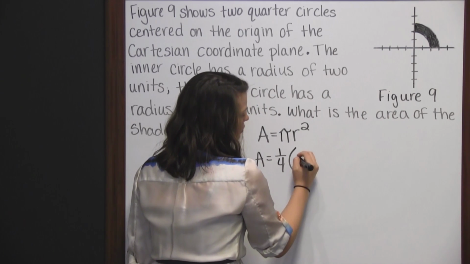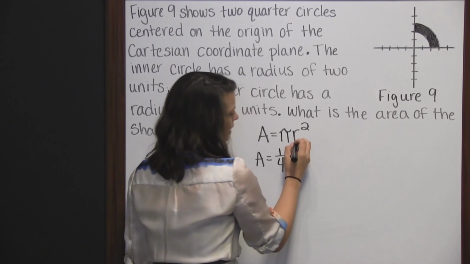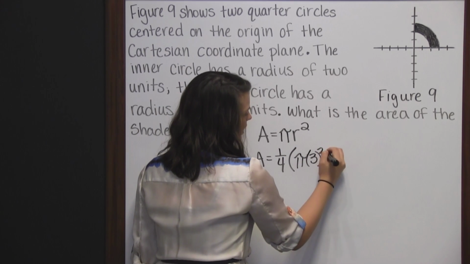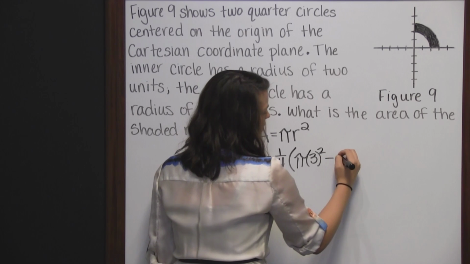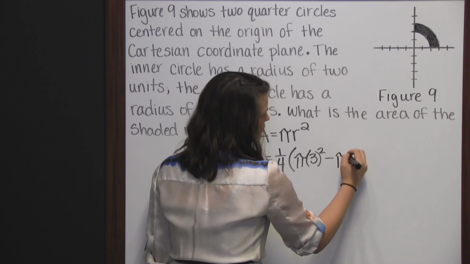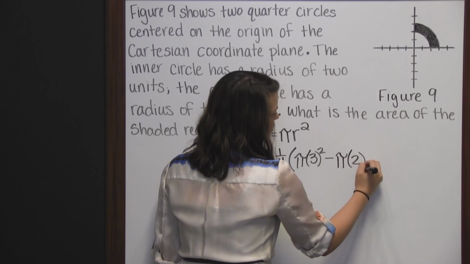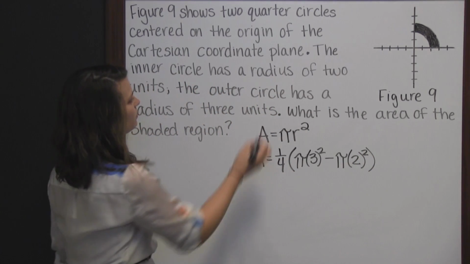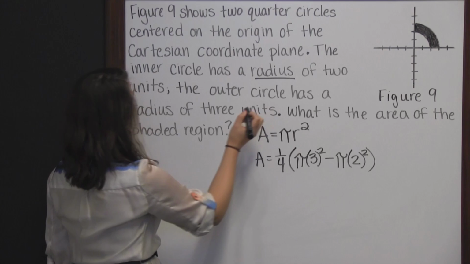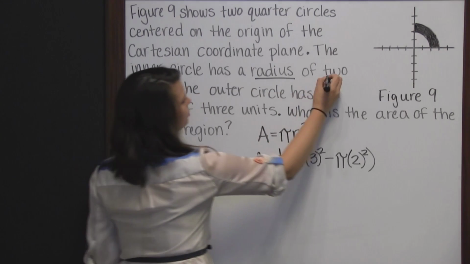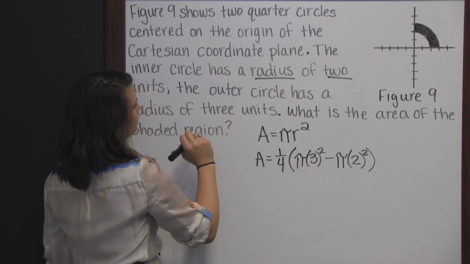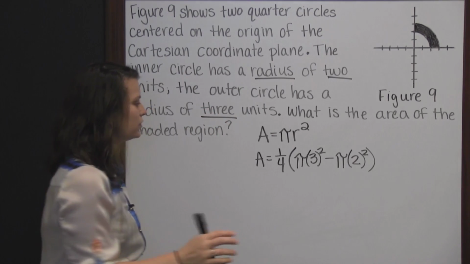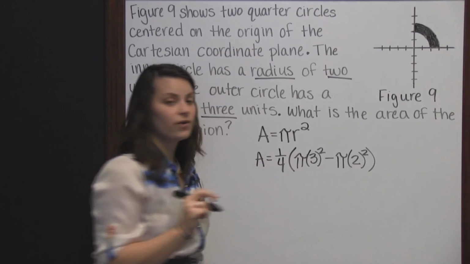The area of the large circle would be pi times the radius, which is 3, squared, minus the area of the small circle, which would be pi times 2 squared. And the 3 and the 2 came from the radius. The radius of the small circle is 2, and the outer circle has a radius of 3.